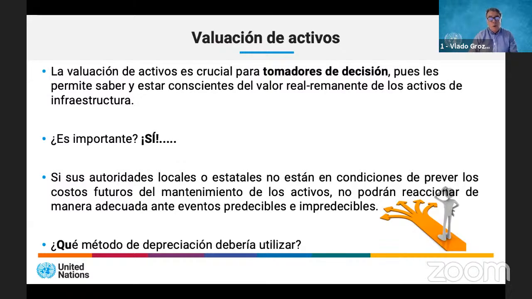It's also important to assist management to more effectively maintain the assets. If we know the current situation of the assets and their performance, we know how to maintain them and what measures to focus on for the future. But first we have to know the value.